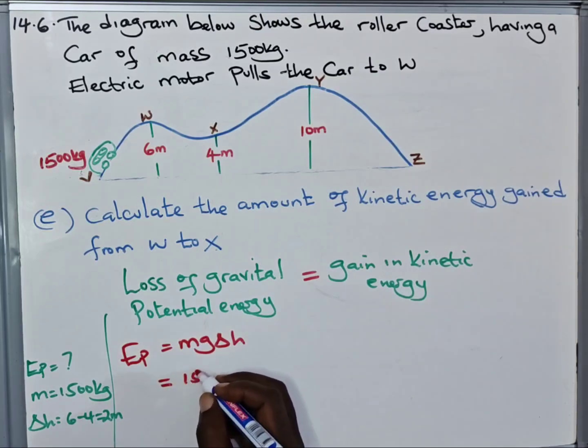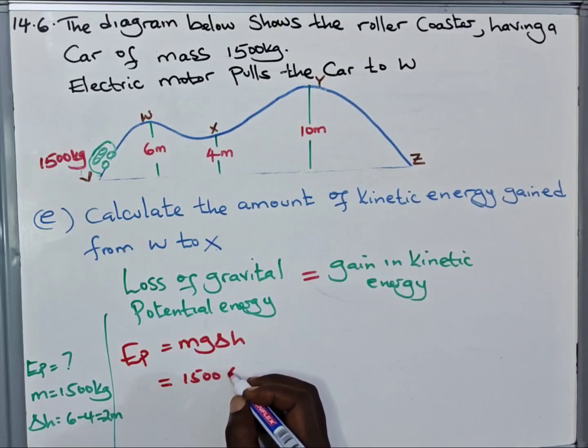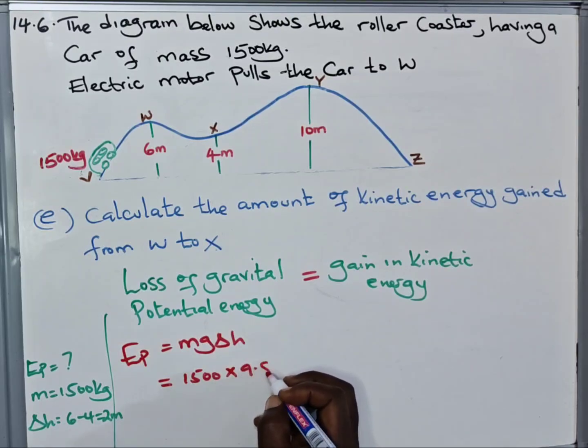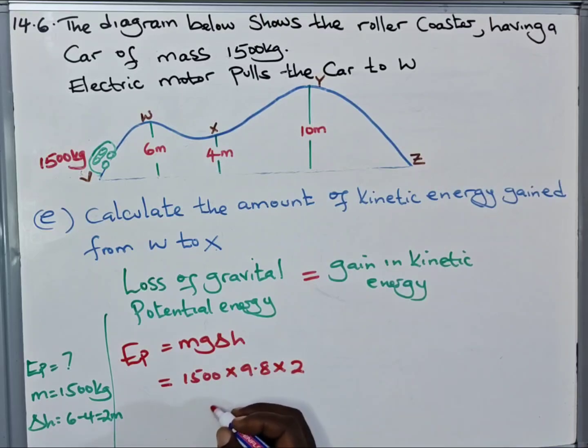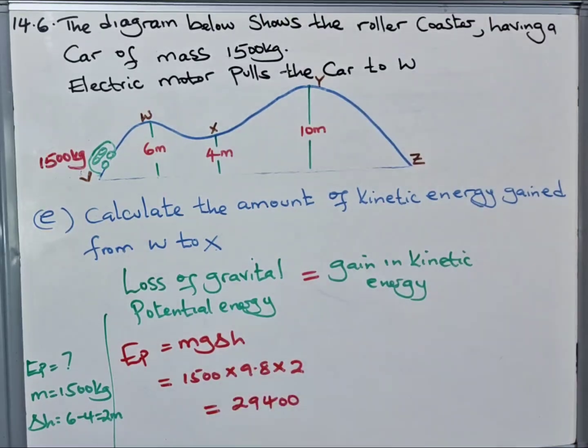The mass is 1,500, the g is 9.8, and the change in height is 2. This is what we get, which is 29,400.